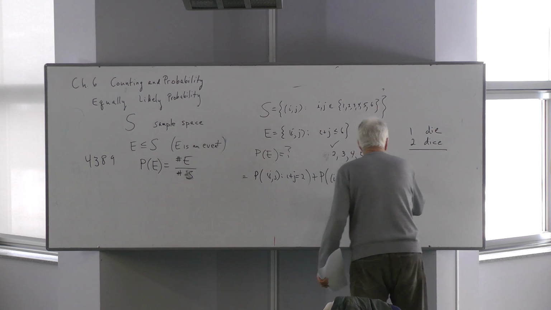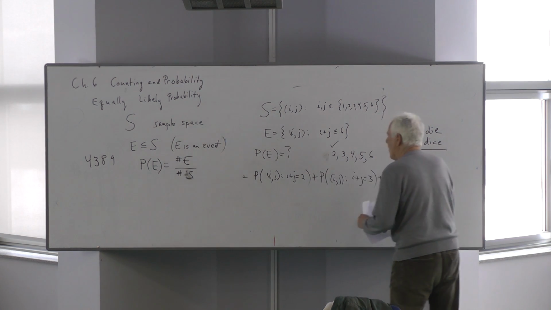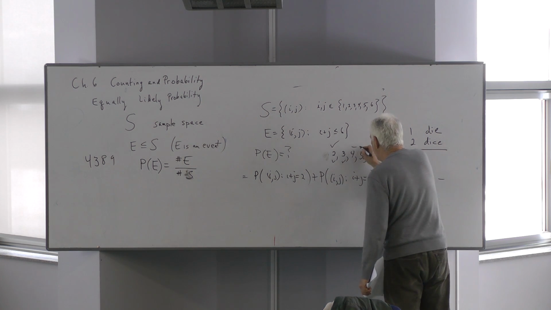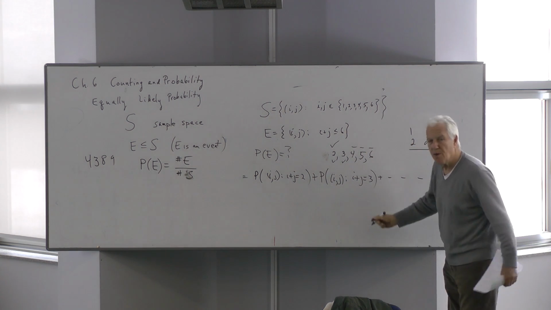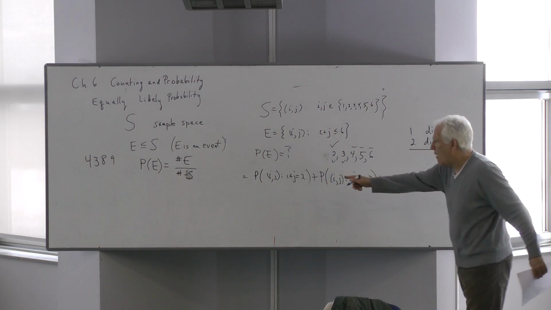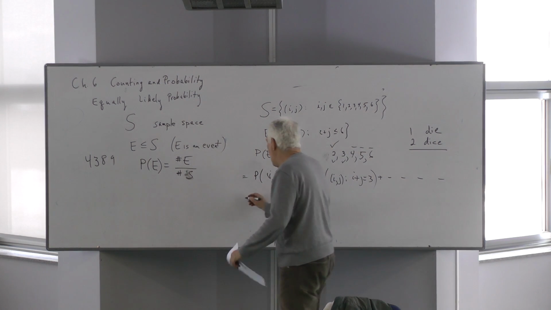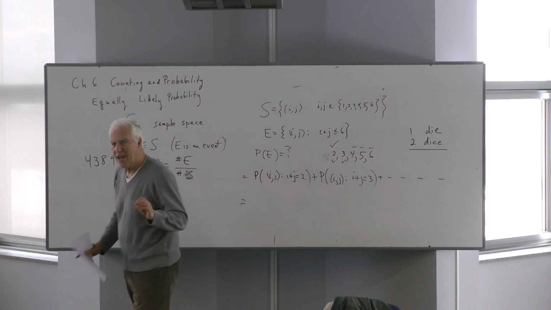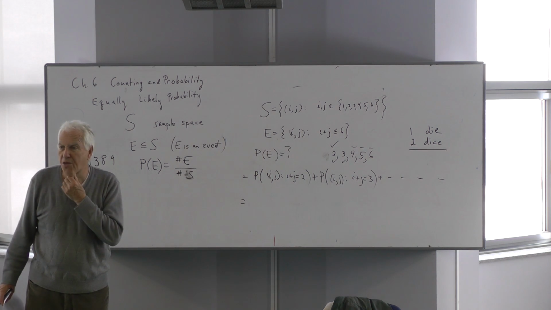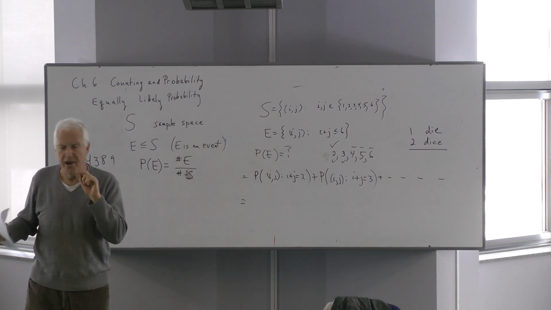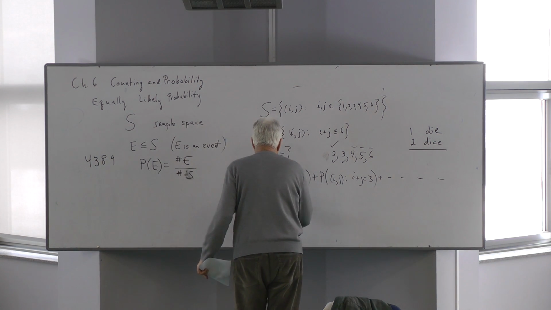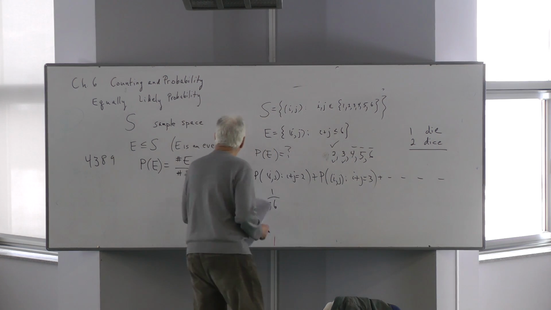So this is 2, this is 3, then you would have 4, 5, 6. There are 3 more terms. What is the probability of this first one? How many ways can I get I plus J to be 2? Only if both are 1. So that's one possibility over 36.